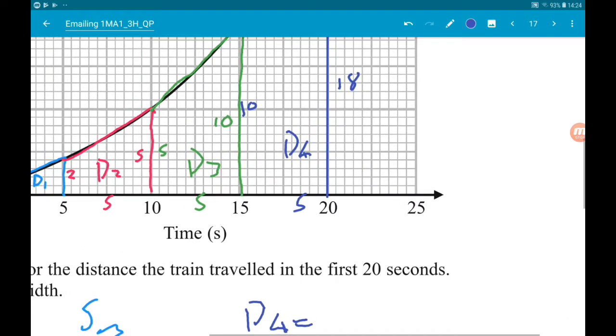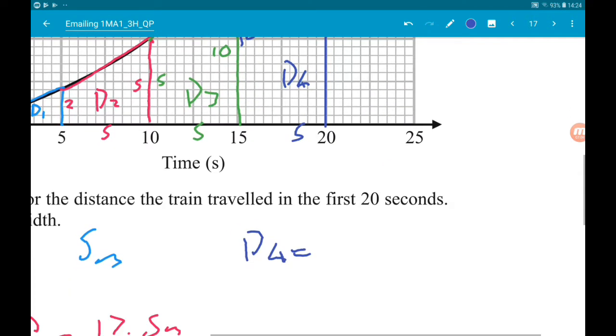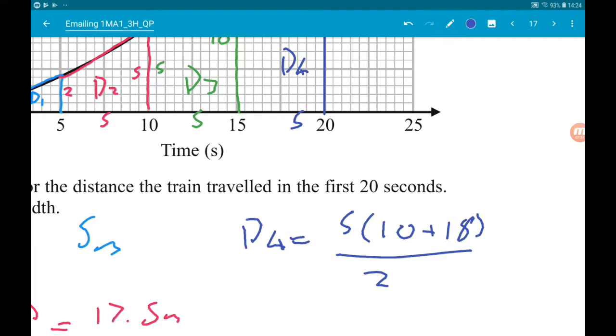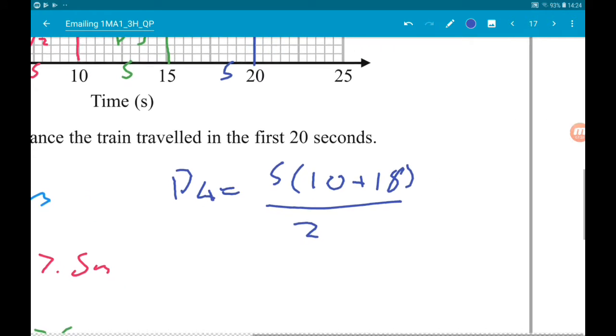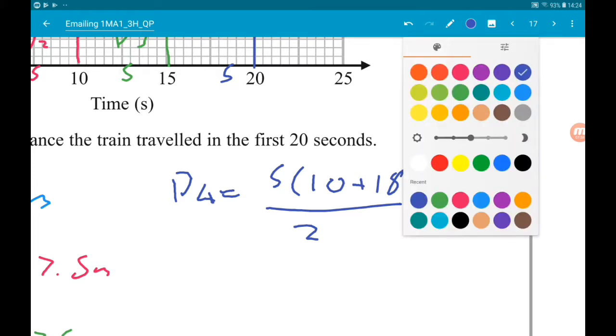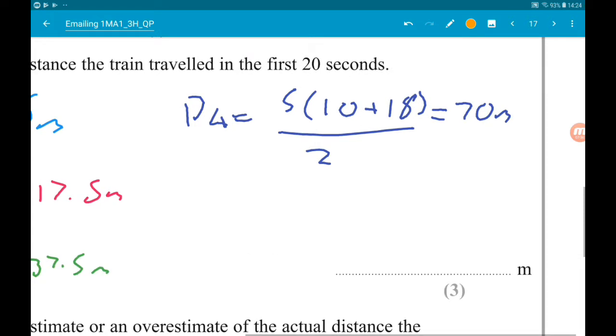Now D4 is 10 and 18. Sorry, 5 times 10 add 18 all over 2. So 10 and 18 is 28. 5 times that is 140. Divide that by 2 is 70. So now that we know 4, we can add them together and get our total.